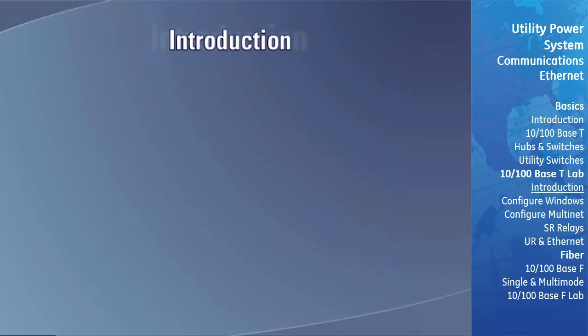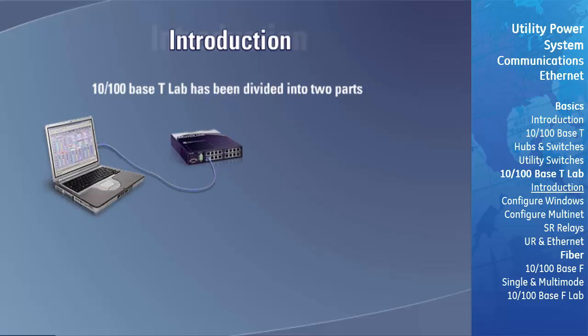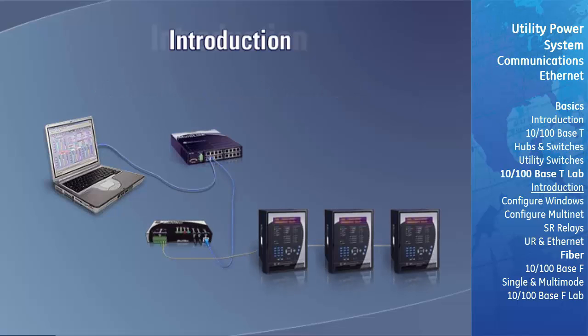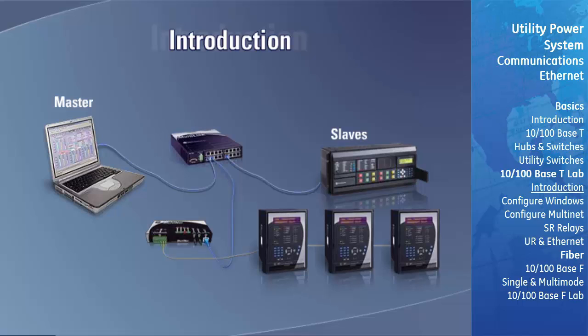The following 10/100 Base-T lab has been divided into two parts. The first will demonstrate how to interconnect a 10 Base-T Ethernet LAN and an RS-485 LAN. We will be using the GE Multilin Multinet to allow masters on the Ethernet LAN to communicate to SR relays on the RS-485 LAN. In the second part, we will demonstrate how to integrate the Universal Relay into the Ethernet LAN.